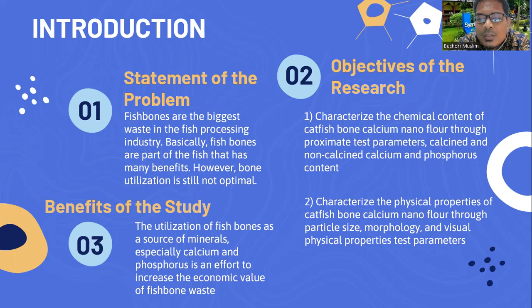The second, characterize the physical properties of catfish bone calcium and fluoride for particle size, morphology, and visual physical properties test parameters. Benefits of the study: the utilization of fishbone as a source of mineral, especially calcium and phosphorus, is an effort to increase the economic value of fishbone waste.